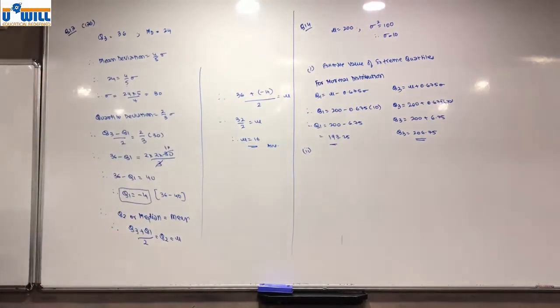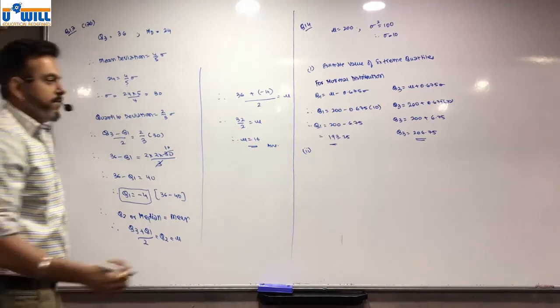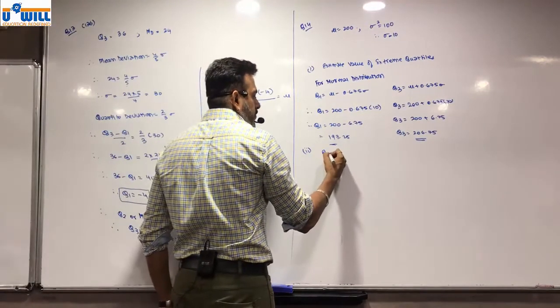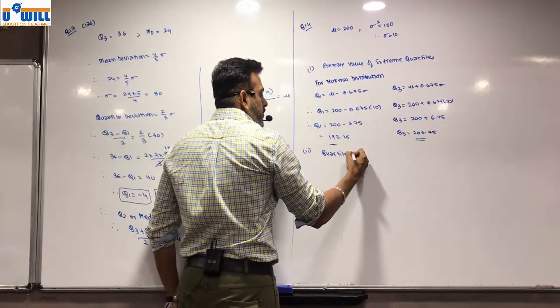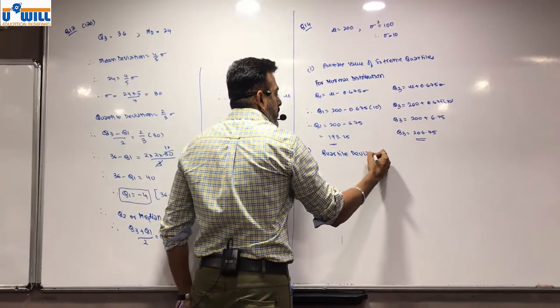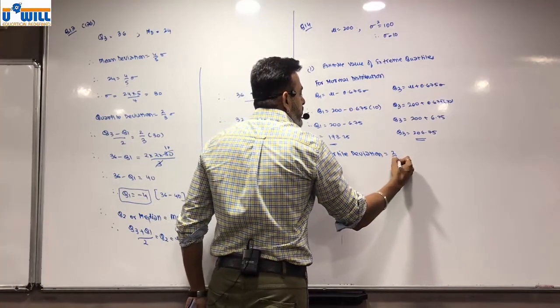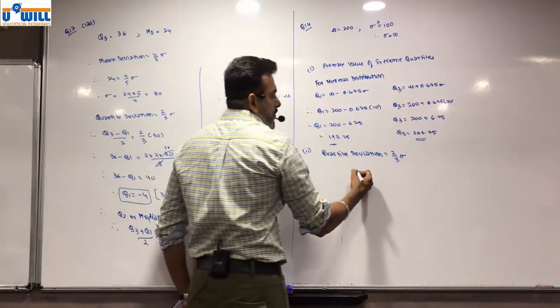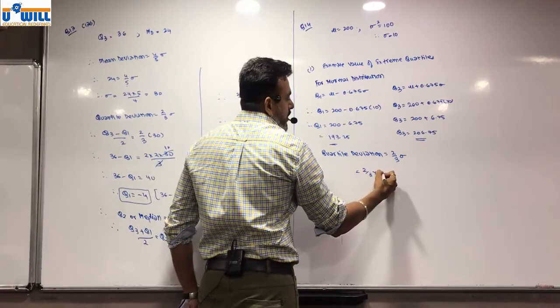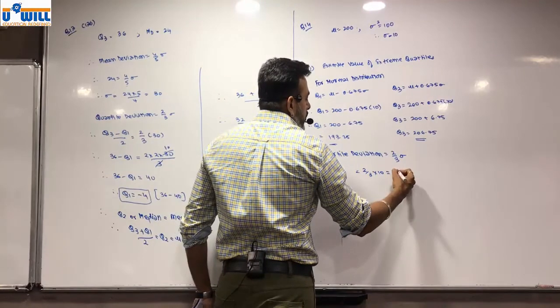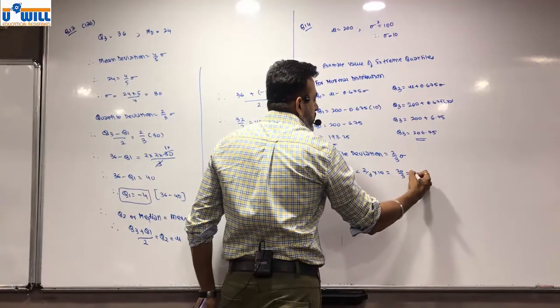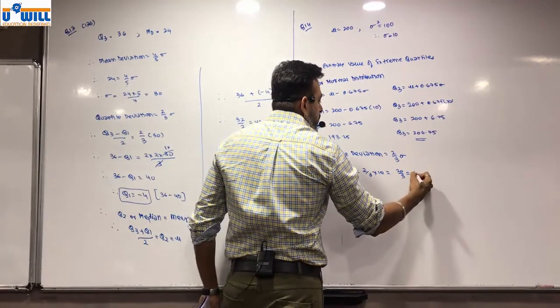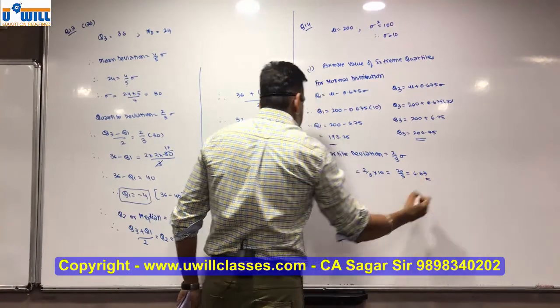Second, what do we have to find? Approximate value of quartile deviation. Very simple, quartile deviation is equal to 2 by 3 sigma, which is equal to 2 by 3 into 10, which is equal to 20 by 3 is equal to 6.67.